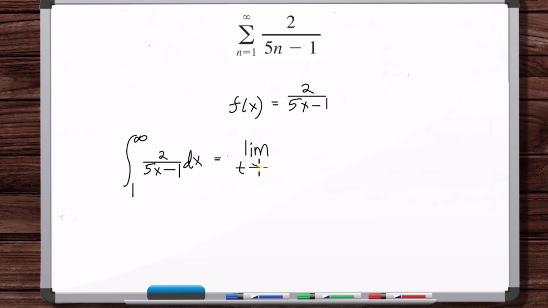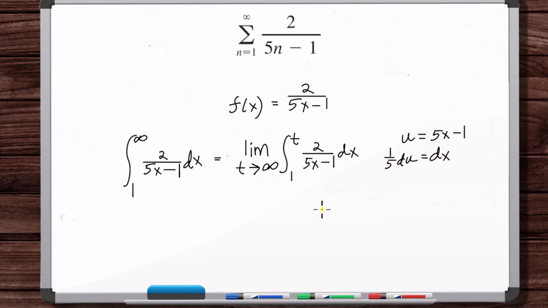Okay, so how do we take an improper integral? Well, go review the improper integral section if you need. We say this is the limit as t approaches infinity of the integral from 1 to t. Right? So now let's solve this integral. We want to make the substitution that u is equal to 5x minus 1.